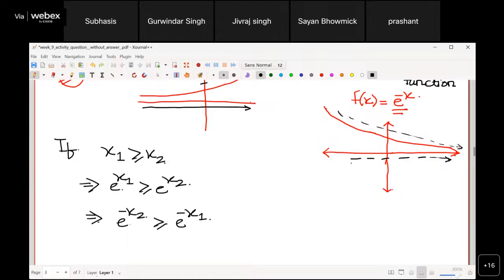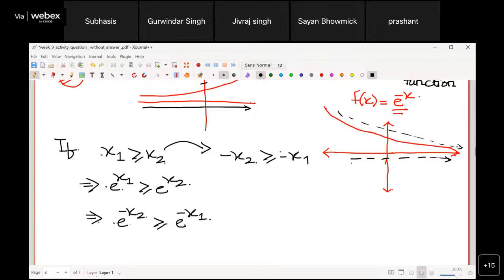See again, what I did: I started with this, then I came here, then I came here. Even I can directly come from here to here, because using this I can write minus x2 is greater than or equal to minus x1.